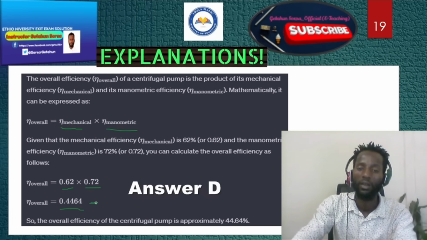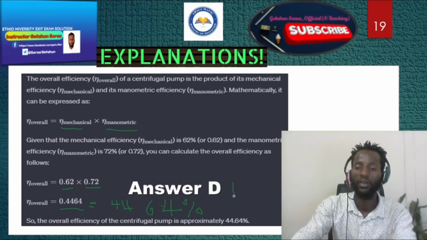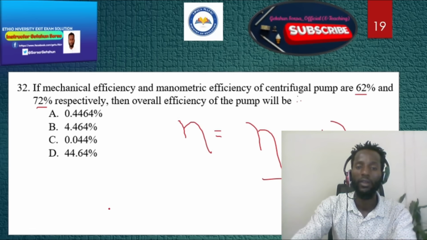When we express this in terms of percent, it is 44.64%. The correct answer is D here.